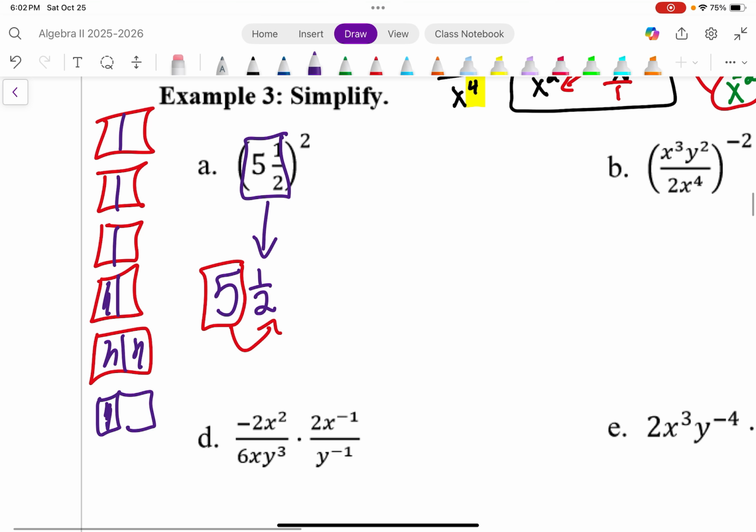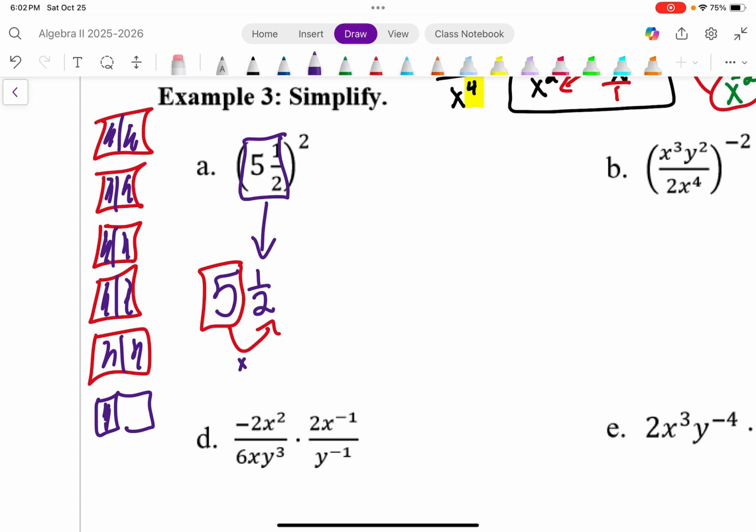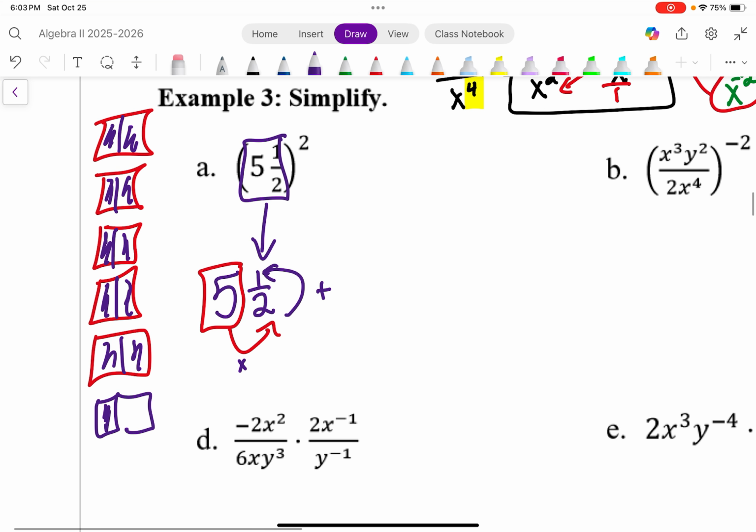So now instead of just 5 1/2, we would have 11 halves. So we're taking 5 times 2 to get 10, and then adding that to the numerator to get 11. That gives us 11 over 2 raised to the power of 2.